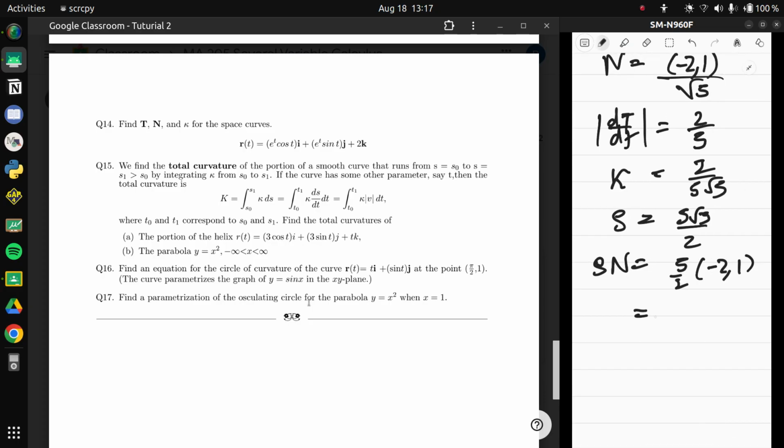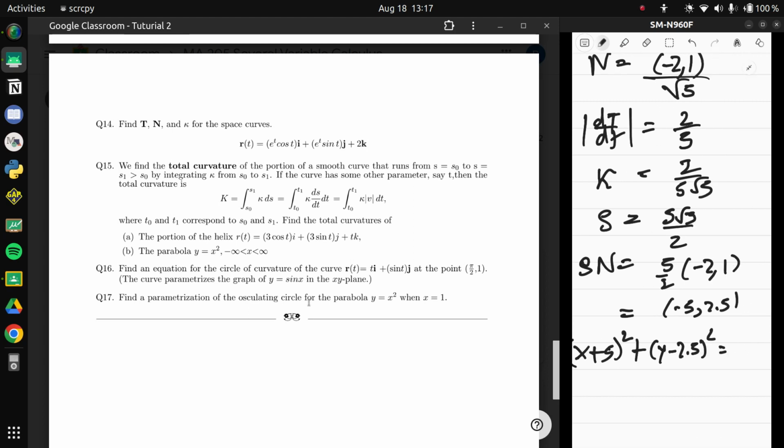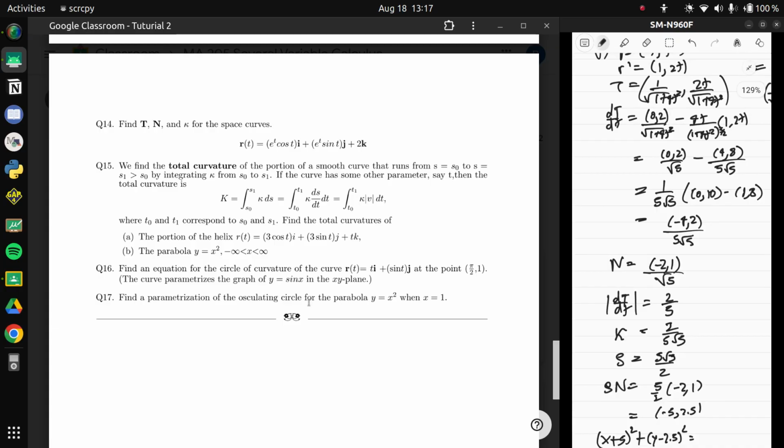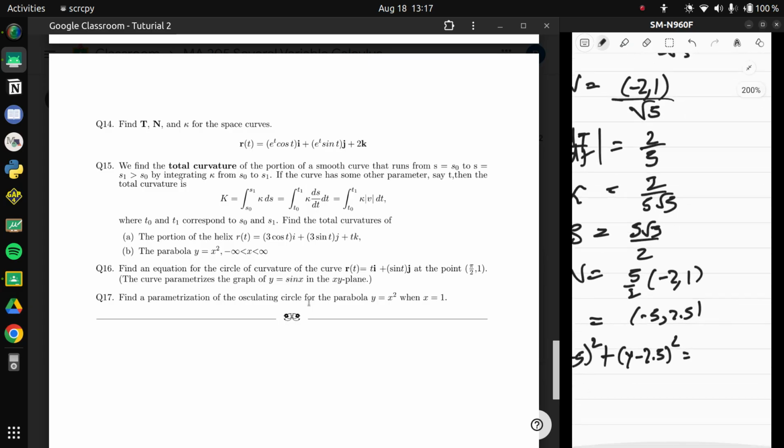Okay, just gotta do this thing. Just minus 10. Never mind. So just minus 5 comma 2.5. So this would be something like (x plus 5) squared plus (y minus 2.5) squared equal to your rho squared. And what's rho? Rho is this. So that square is like 25 times 5 is 125 upon 2, which is like 62.5.